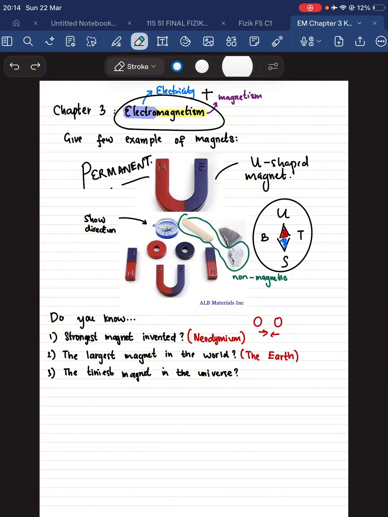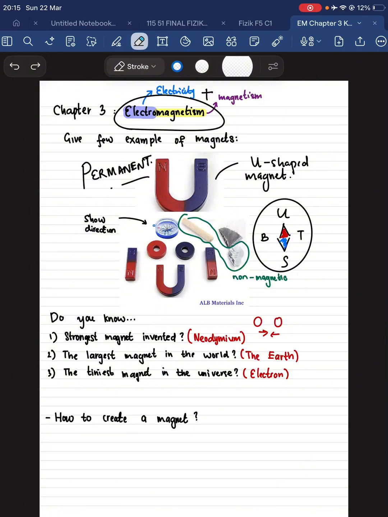So perhaps you ever discovered it during your chemistry class. Is it the electron? So the electron is the tiniest magnet, and in fact the electron is the cause of the magnetism of the magnet. So it's the cause, and the effect is the magnetic properties of the material or object.